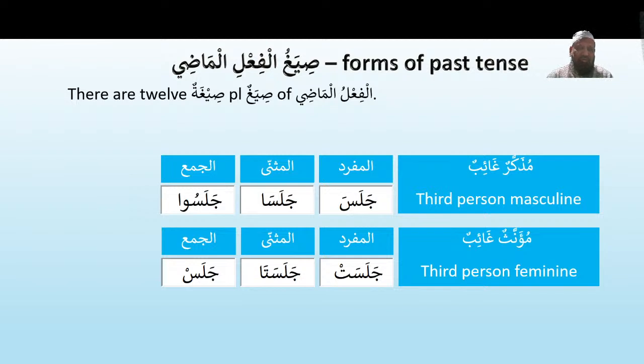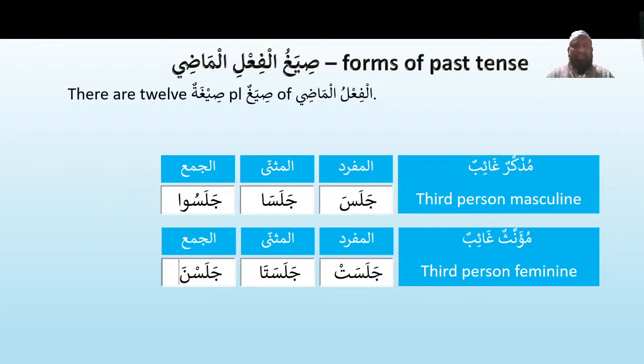The last letter of all verbs becomes ساكن when we add نون النسوة. This is the نون النسوة. It becomes جلسنا.